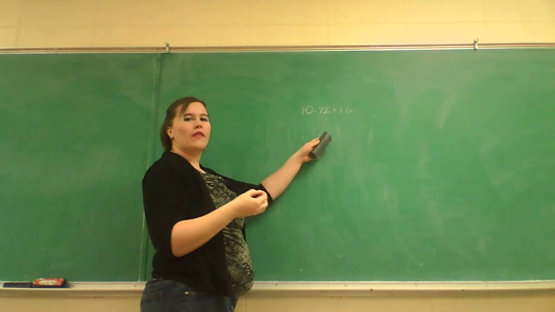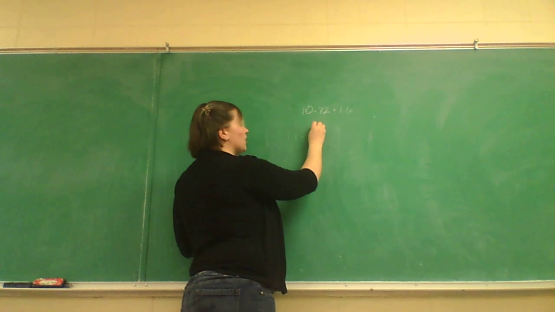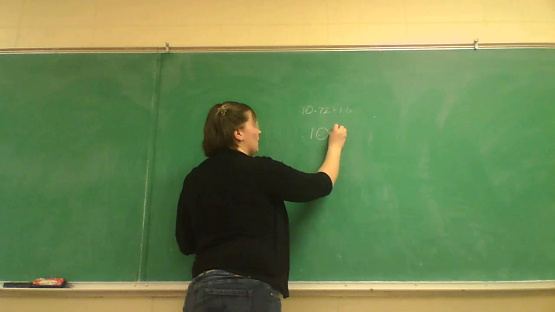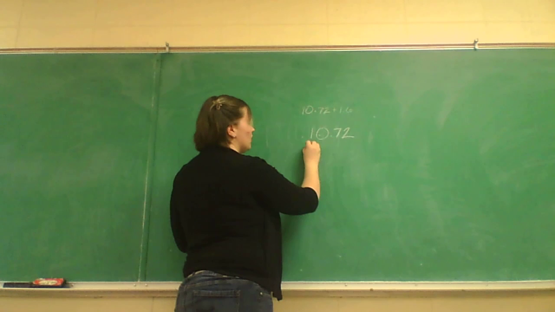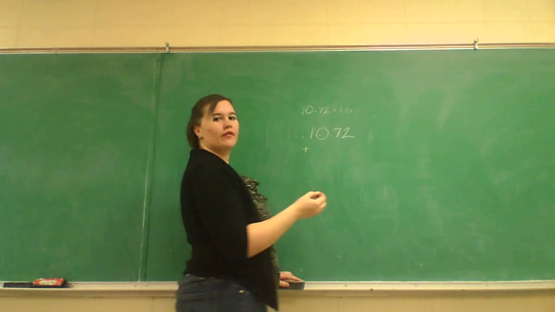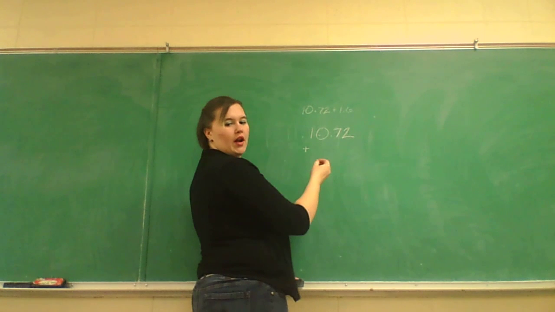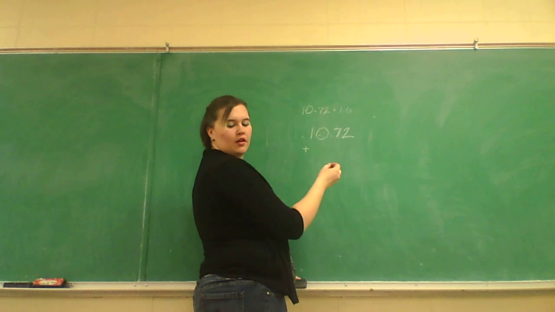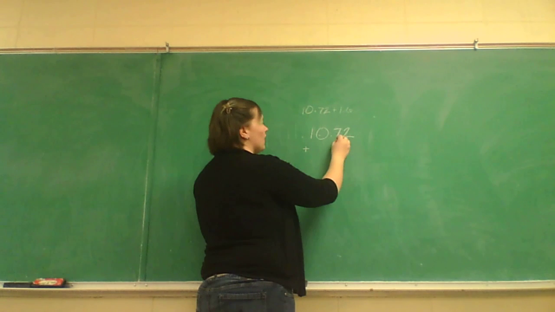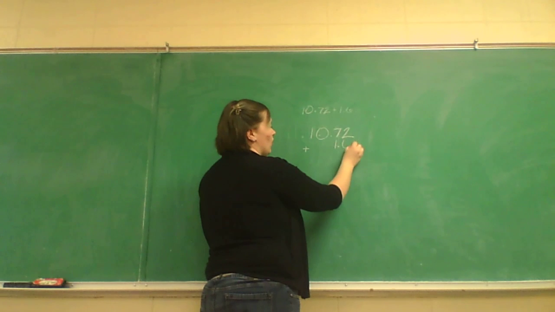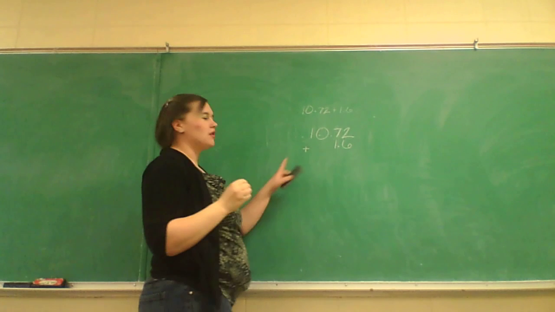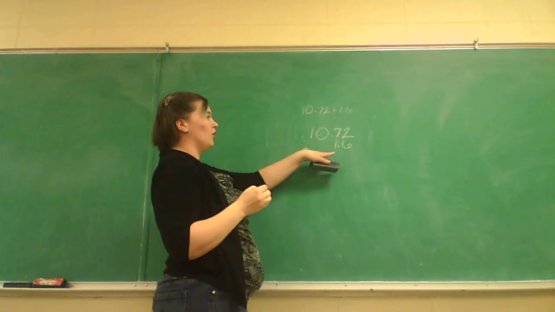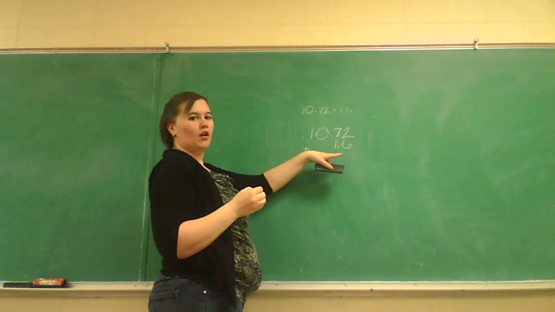So when we look at that, we want to set it up, and so we'll stack it. So we have our 10 and 72 hundredths plus. Now you have to pay attention to your decimal. You cannot just set it up to do 1 and 6 tenths like this, because this is wrong. You're not adding the correct place values.